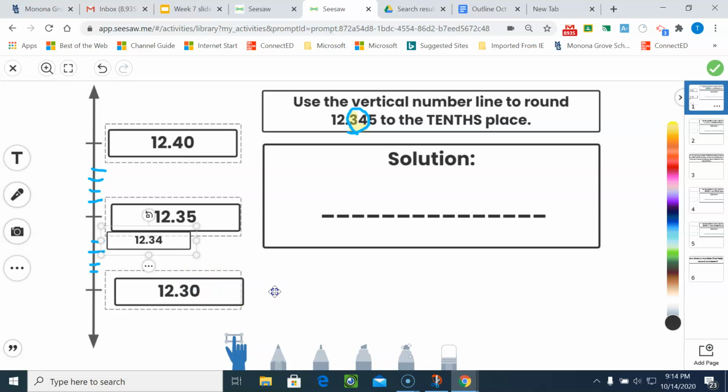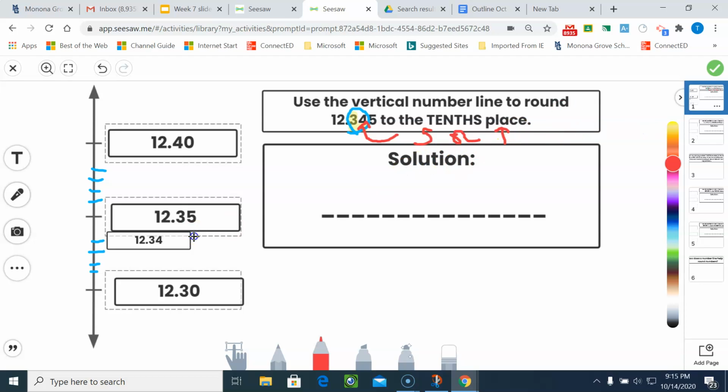Now, I'm going to give you a little clue. If this number, and I'm going to make it a nice bright red color, and I'm going to draw a little arrow right here. If the number behind the number that you are rounding, this number right here, is 5 or above, 5 or higher, you're going to give it a shove up to that next number.